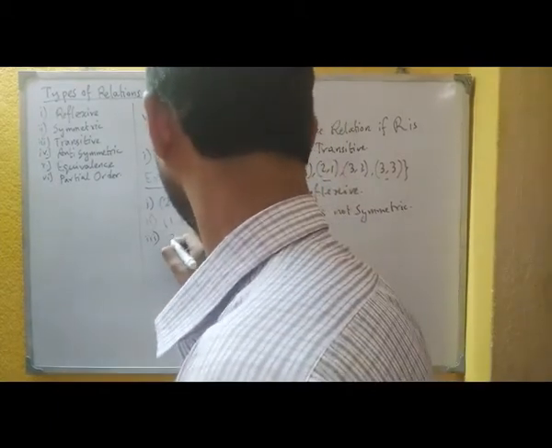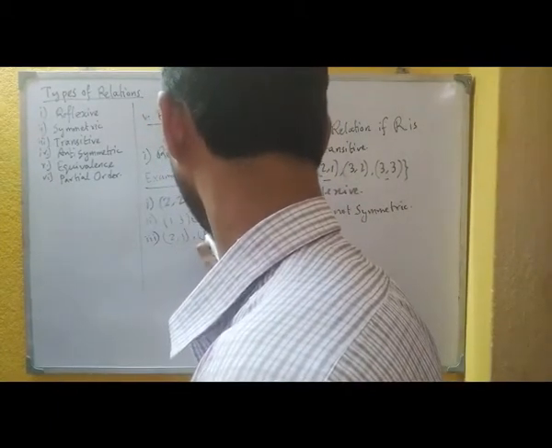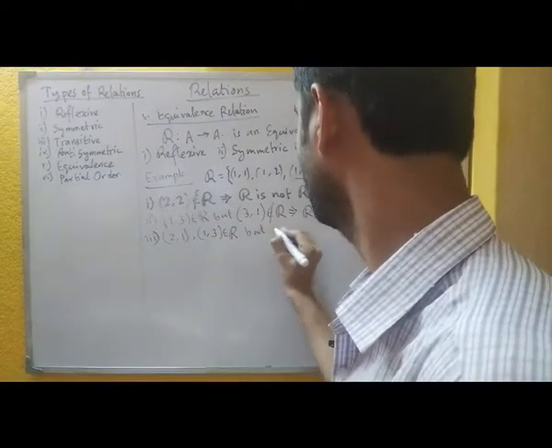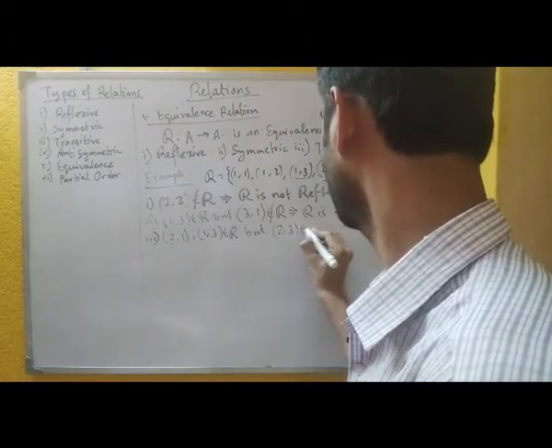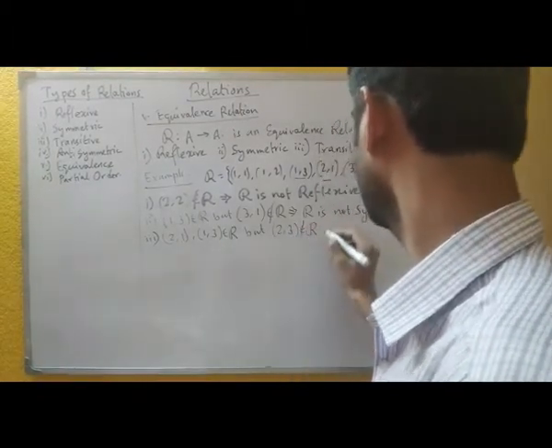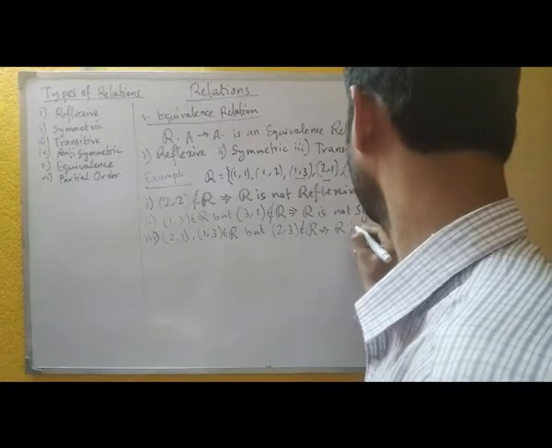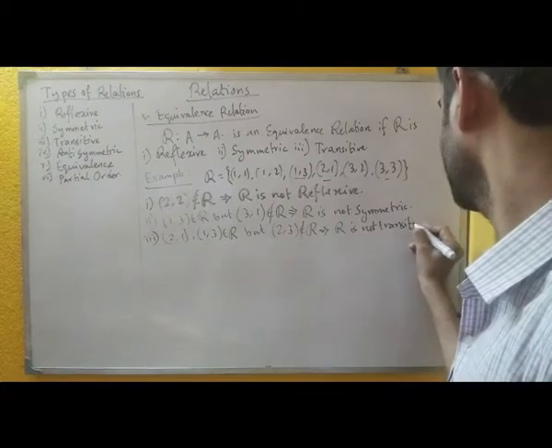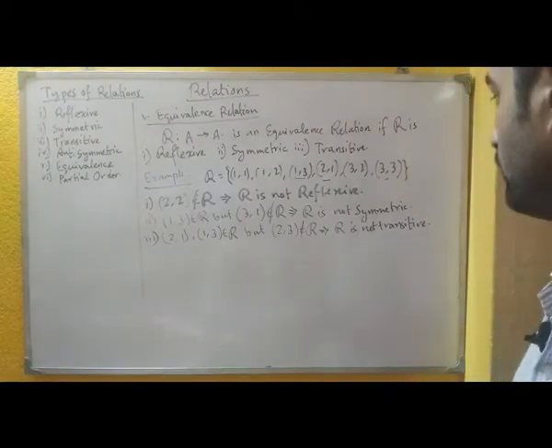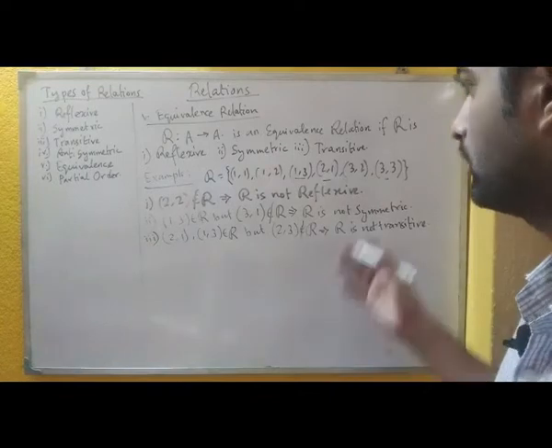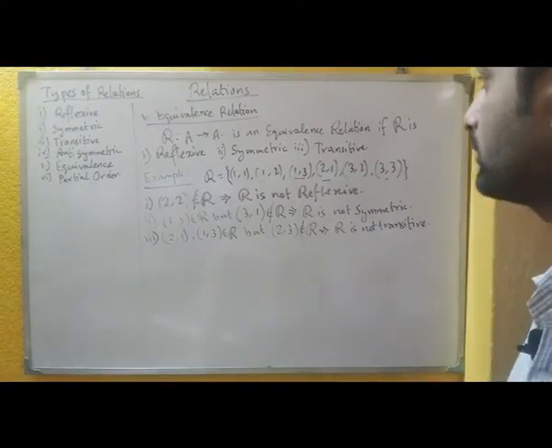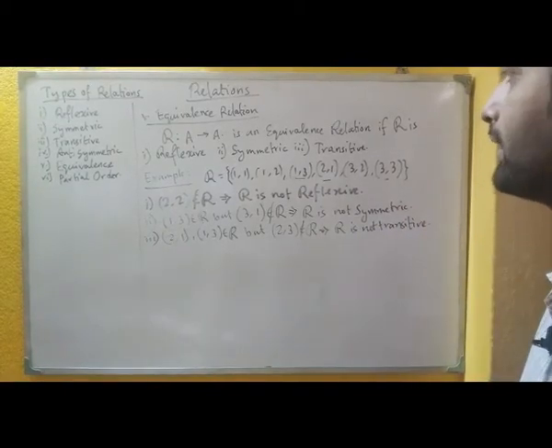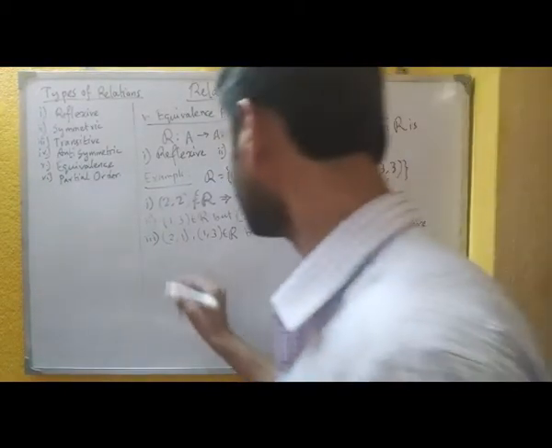So we write it like this: (2,1) and (1,3) belong to R, but (2,3) doesn't belong to R, and that implies that R is not transitive. So neither of the conditions qualify for this one. So we can easily say by any one of these that R is not an equivalence relation.